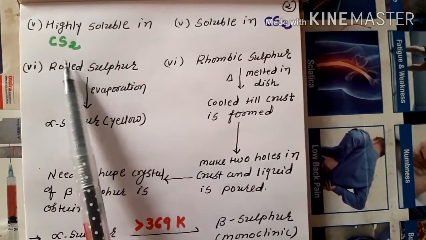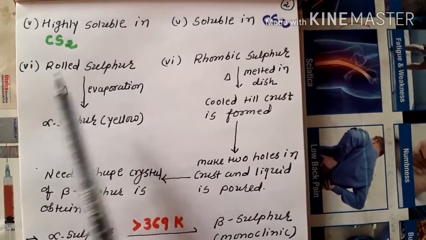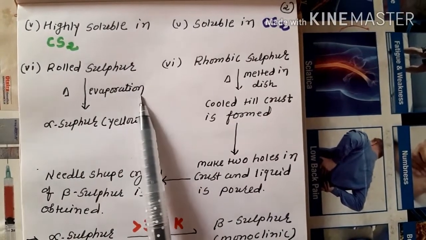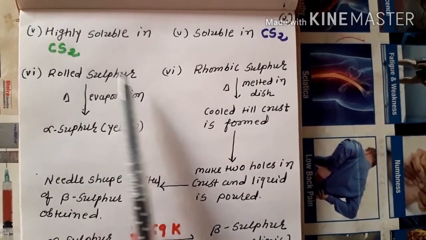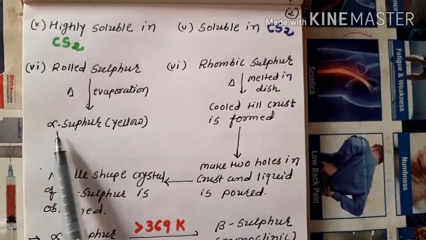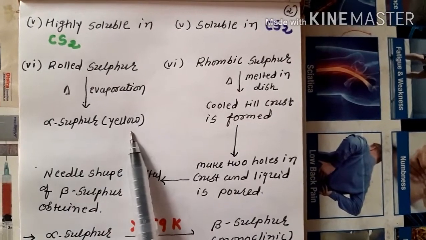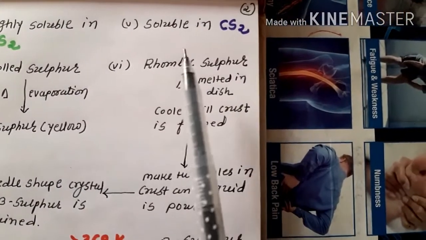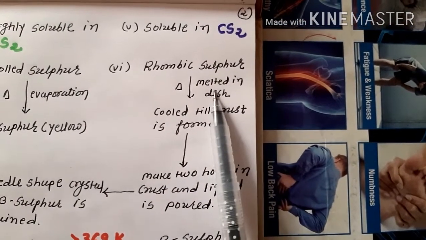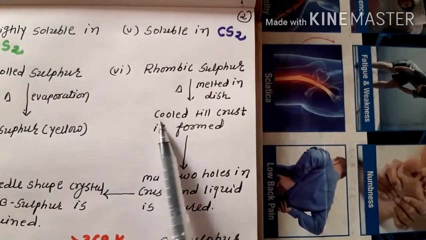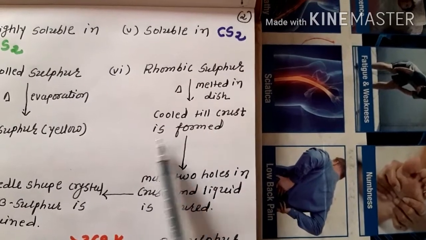Rolled sulfur is heated and evaporated. First rolled sulfur is evaporated and then cooled. So alpha sulfur, or yellow sulfur, is obtained. While for monoclinic sulfur, first it is melted in a dish. When it is completely melted, then it is cooled till a crust is formed.